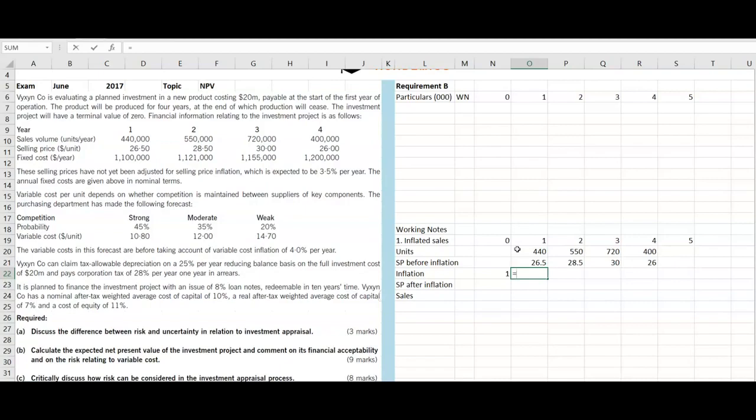The inflated value will be this number plus, open bracket, the same number times the inflation of 3.5%. Now close the bracket and enter. You get a number here. So you copy this number and paste it across.